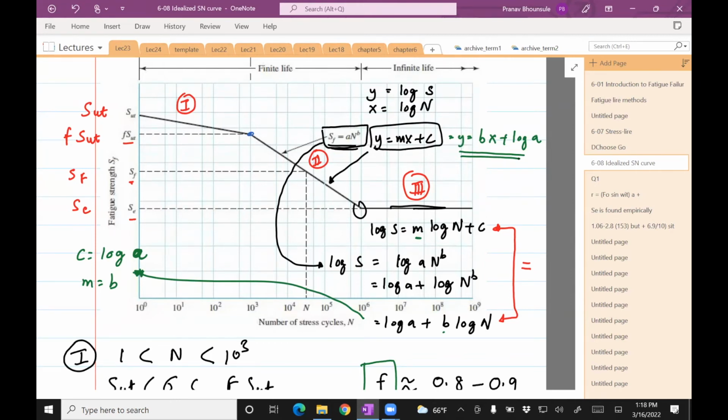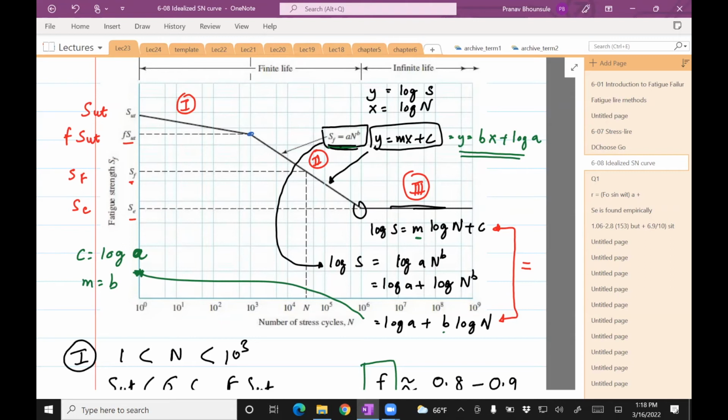So this is the equation, but it's kind of deceptive. It doesn't really show you that that's how it comes about. Anyway, once we have convinced ourselves that that's the equation, we need to figure out what A and B are, because A and B are unknown. We know what S_f and N are, but we don't know what A and B are, and we need to find those two constants.